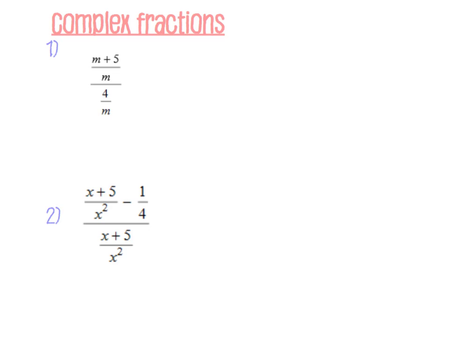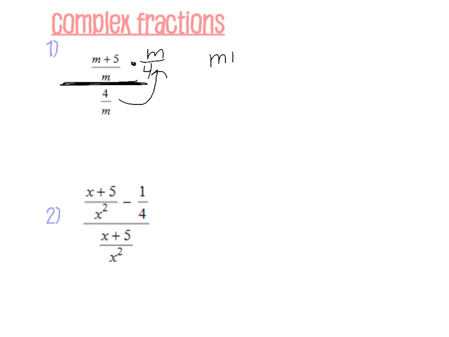Let's look at some complex fractions. Complex fractions mean that you've got fractions caught up inside of other fractions. And really, we just look at this fraction bar right here as a big old division sign. And rather than dividing by 4 over m, I'm going to bring it up top and change it to multiplying by its reciprocal.